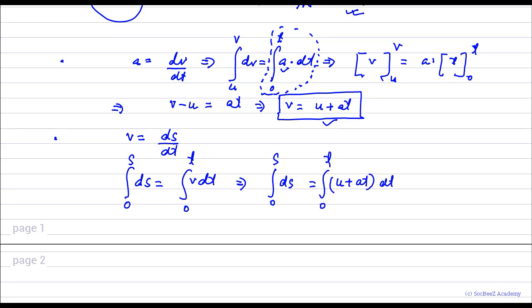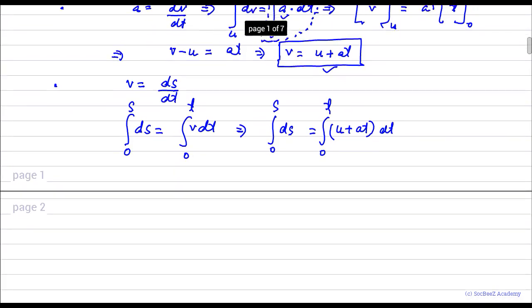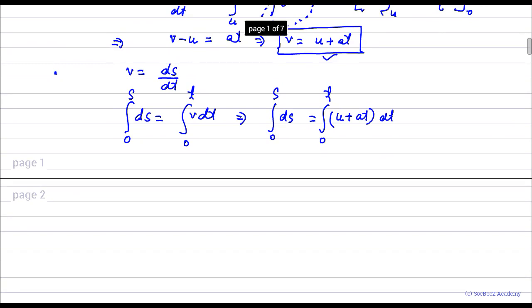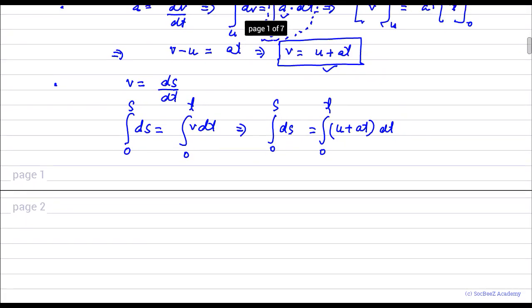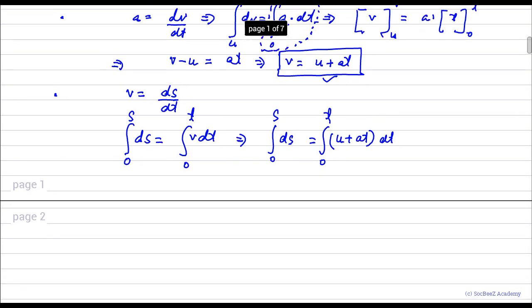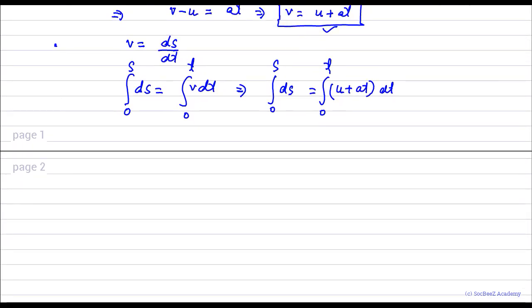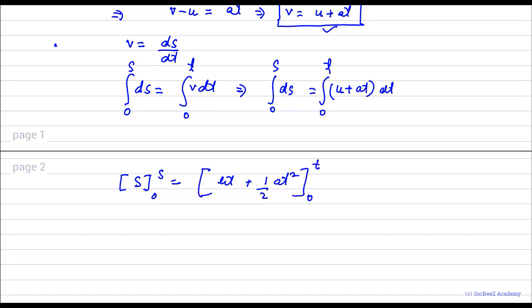So if I put in the limits, I'll get s from 0 to s equals ut plus half at square, where t varies from 0 to t.